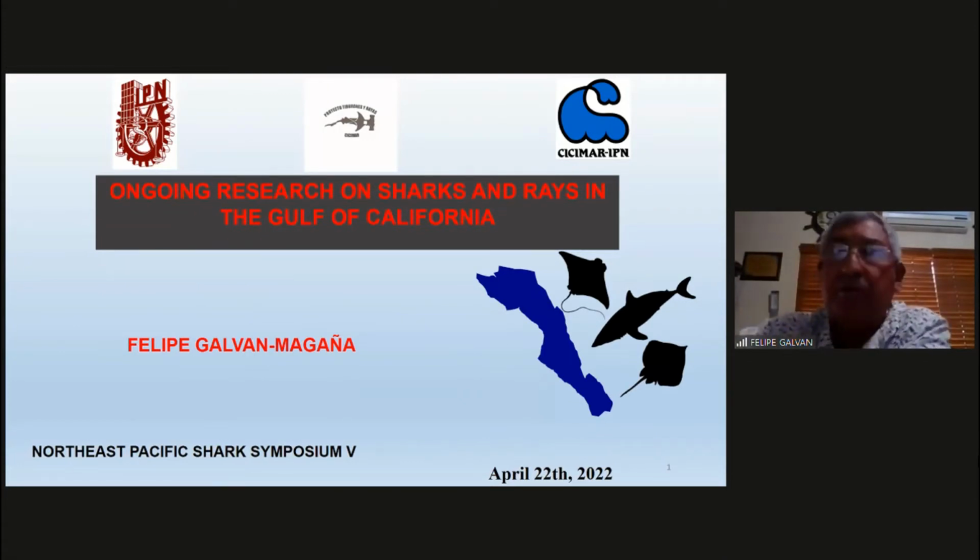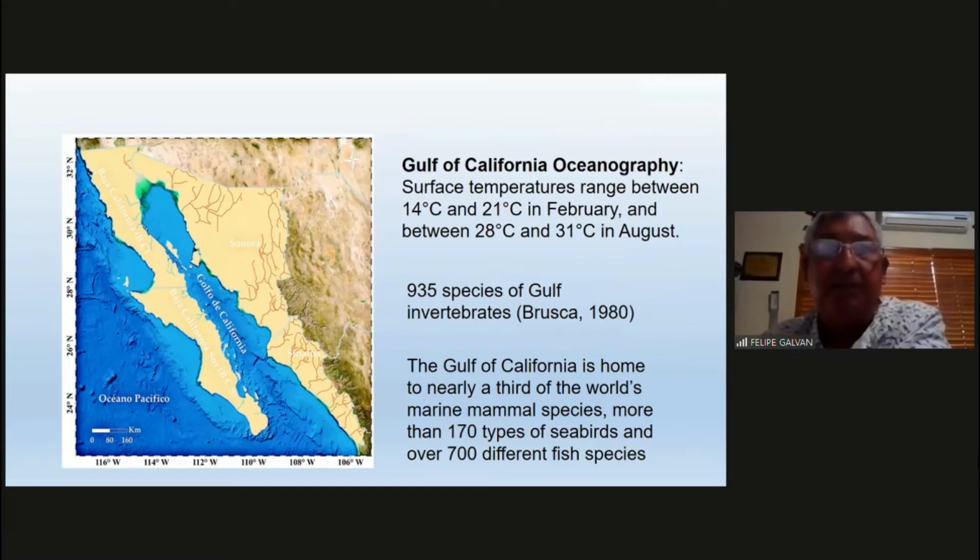Okay, I'm going to talk about our research in the Gulf of California, studies on sharks and rays. Carla Garces explained about the oceanography, and it's a very interesting area. As you can see, the water in these areas is temperate and hot waters.